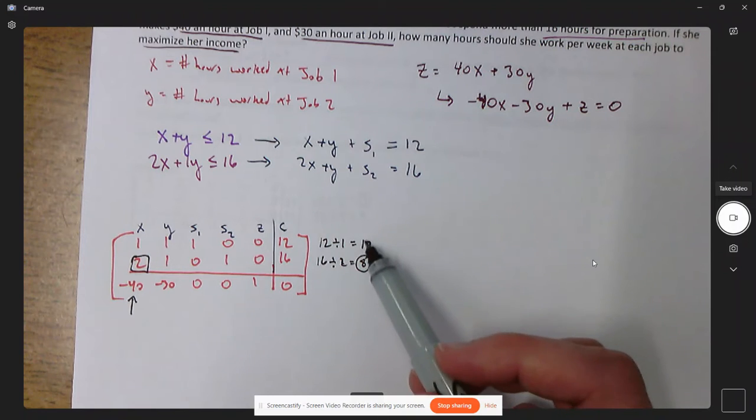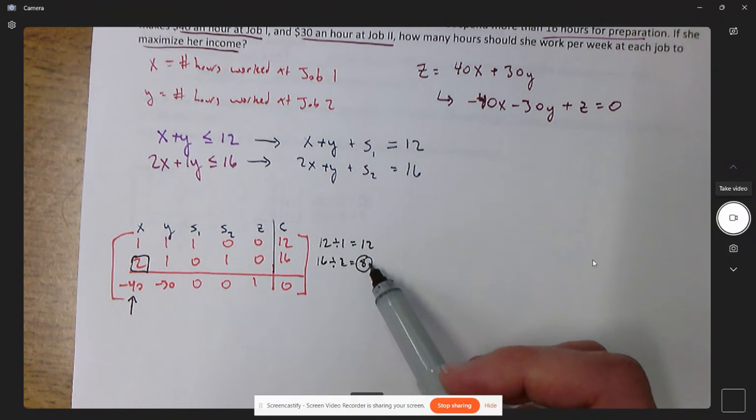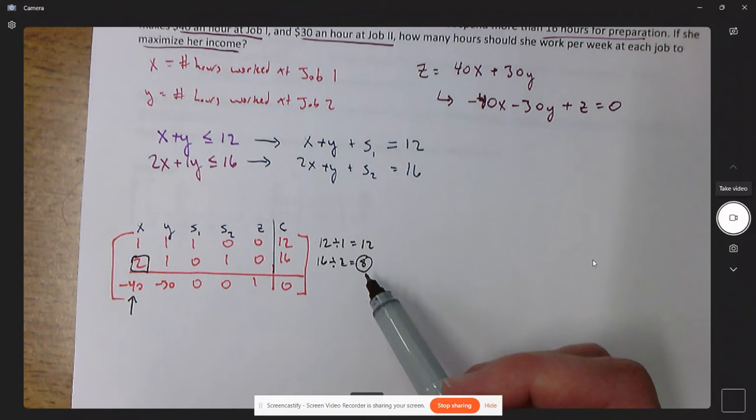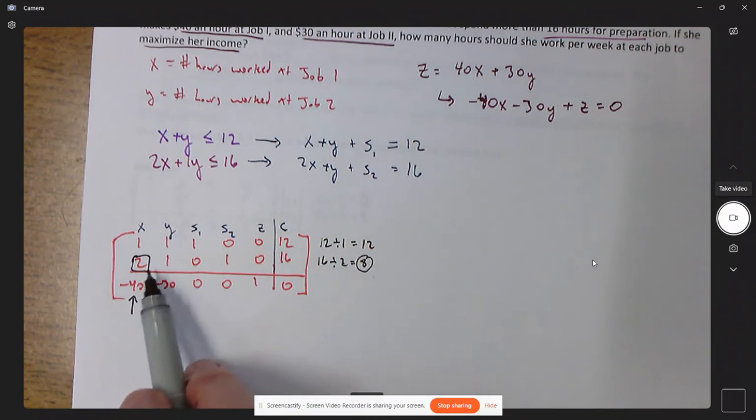This one's going to let you have a little bit more leeway. But if I end up with an answer that says I can work 11 hours at job X, that's going to be a problem because it'll make this one true, but not this one. So I want to go with the most restrictive feature here because that's the biggest thing that x can be. That's the most number of hours I can work at that particular job. Okay, so that's why we're selecting this as our pivot number.